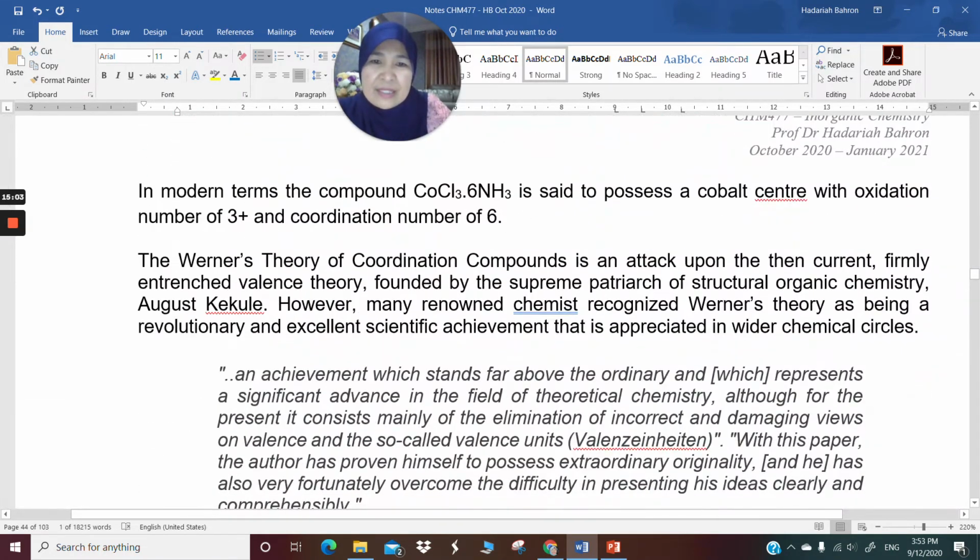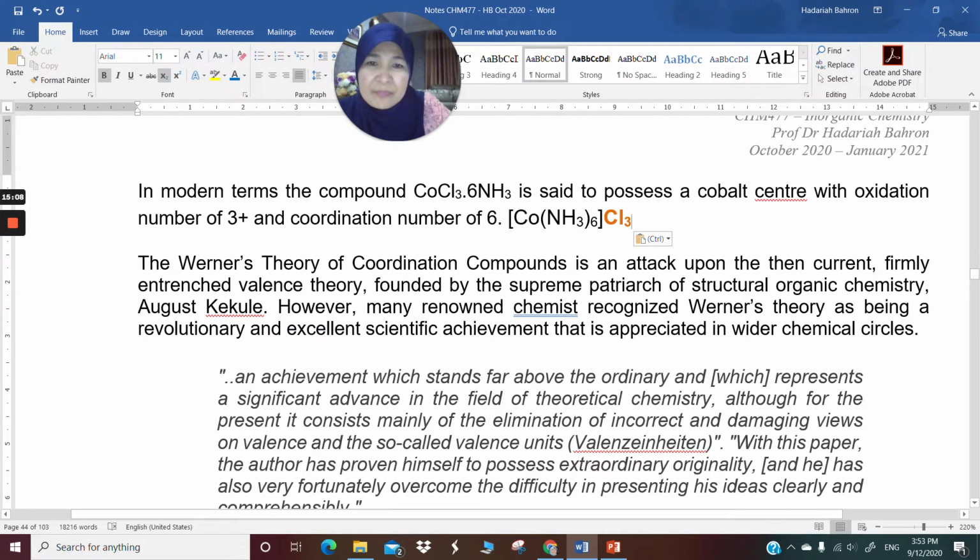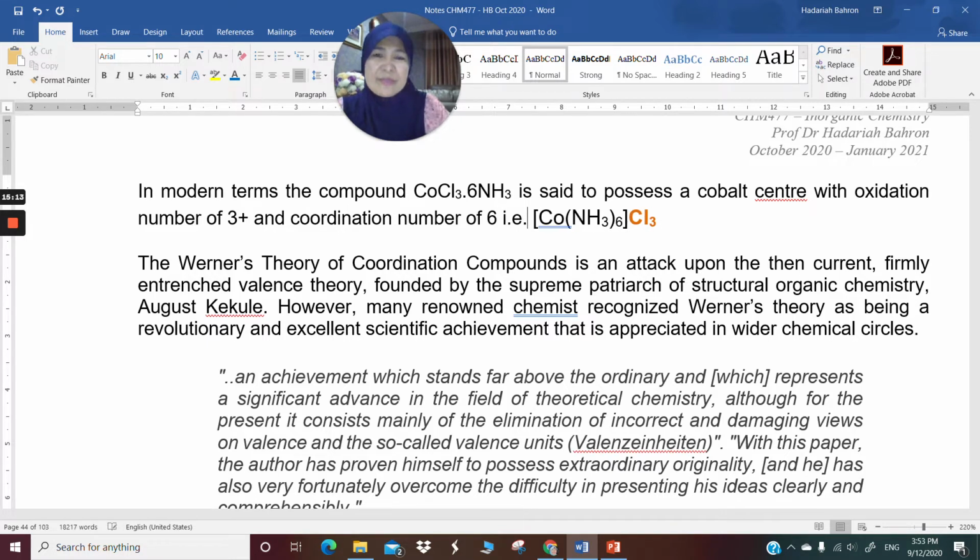The coordination number is how many ligands, or how many entities, the metal bonds to. In this case, 6. So the secondary valence is 6, and the primary valence is 3, which is the oxidation number.